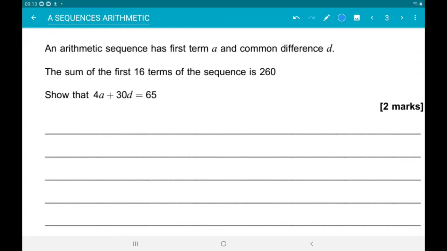So we know the sum to 16 is 16 over 2, so 8, lots of 2a add n minus 1 d, so that's 15d. Now we know that that is 260.